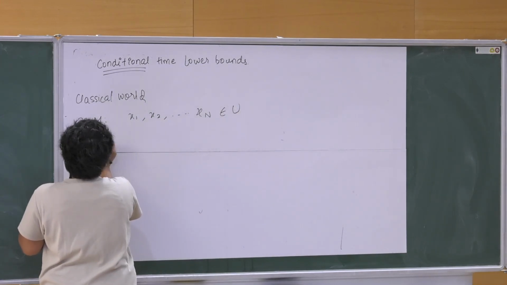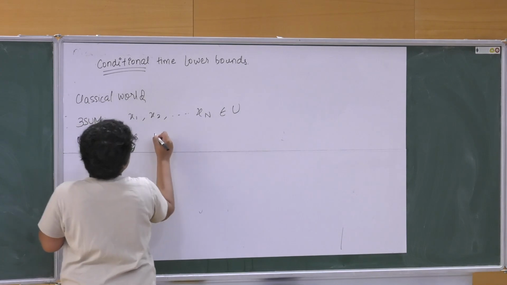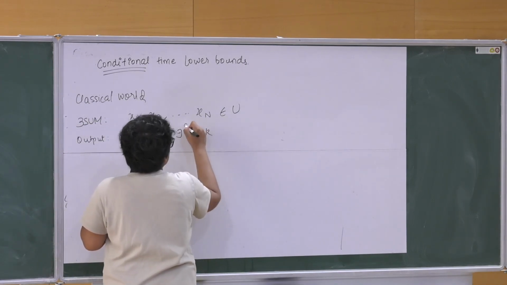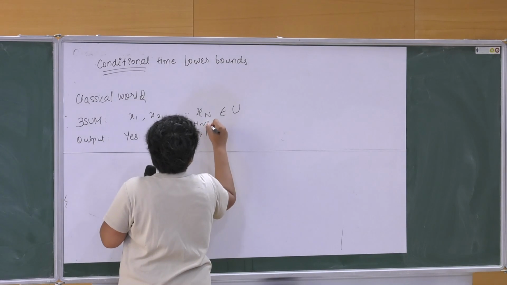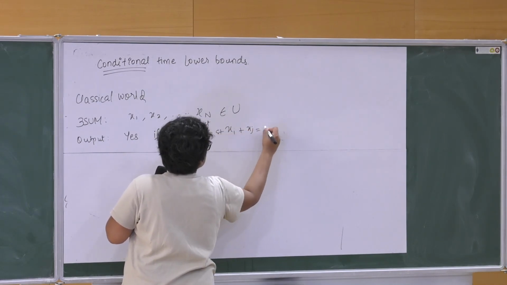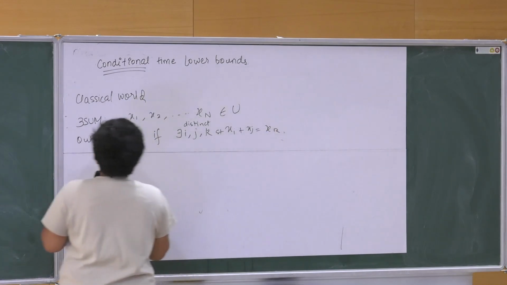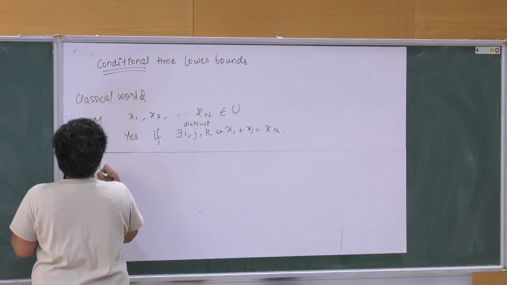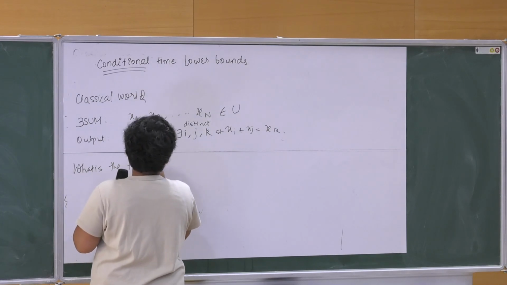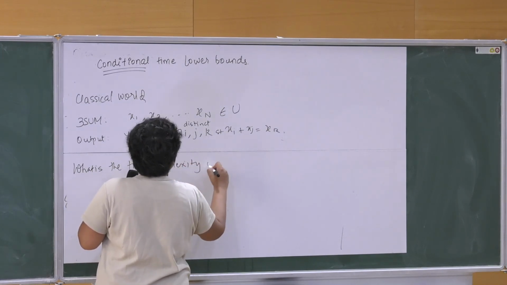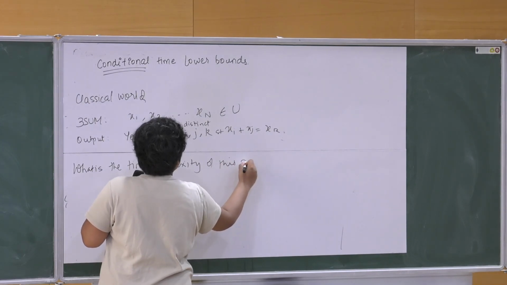Output yes if there exist i, j, k distinct such that xi plus xj equals xk, okay? Now, what is the time complexity of this problem?